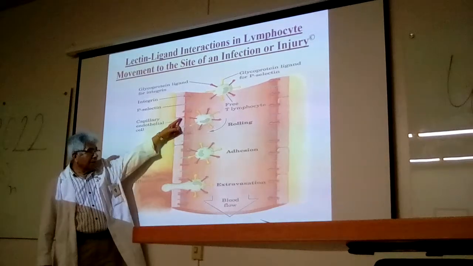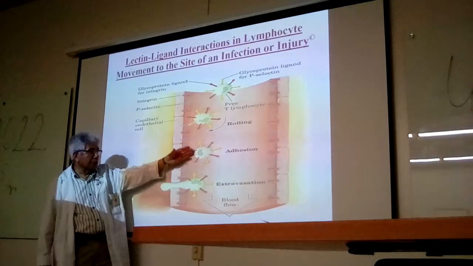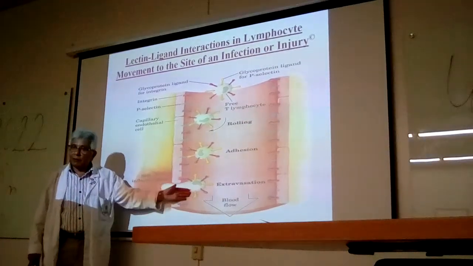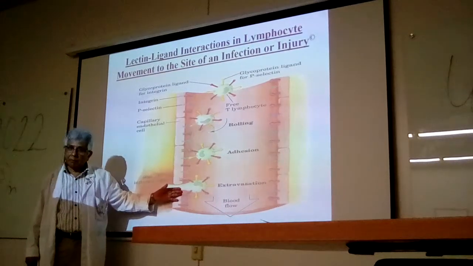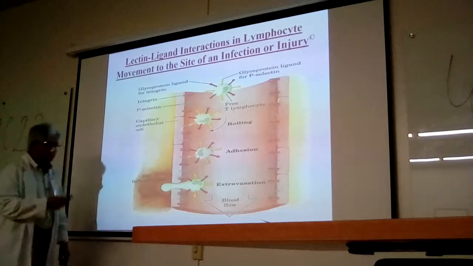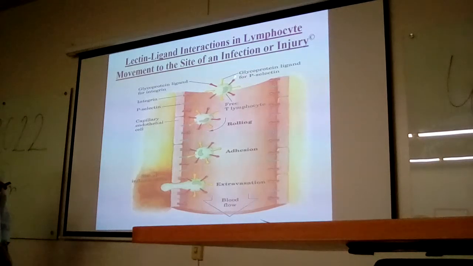So what I'm saying is that this is the normal free flow; when the blood is flowing, the lymphocytes are also flowing. But they do save our lives at one point when there is damage. The only way they can do it is through these spikes. Here you have the glycoprotein ligand for integrins and the glycoprotein ligand for selectins, and all these different ligands are here.